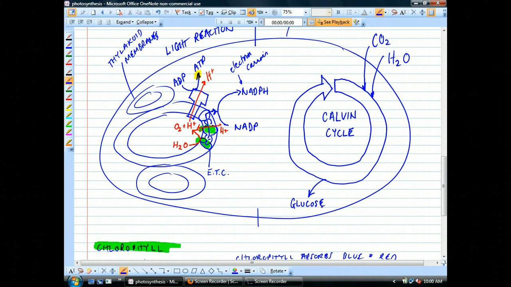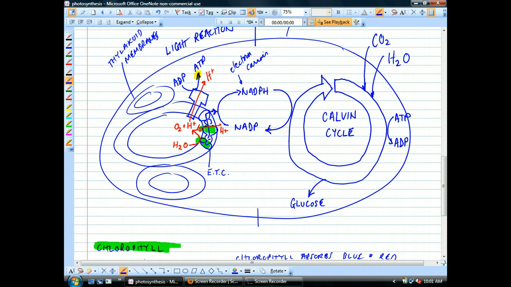Now, the only other thing I need to show is that we have to get ATPs in here. Now, this is where there's a distinct difference between this and respiration in the cycle.